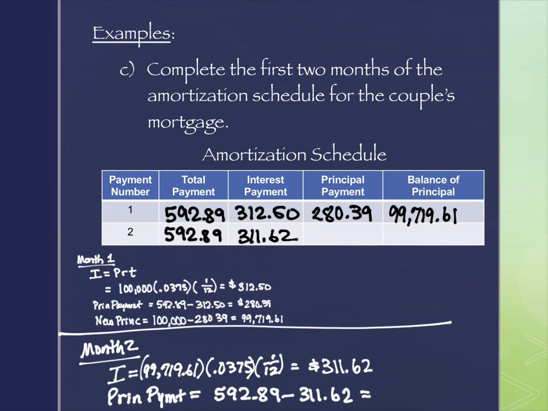And what should happen is I should get a number slightly more than I got last time. Why? Because the interest is slightly less, and I'm subtracting that amount, right? So this number should be slightly higher than the 280.39. What is this one? Okay, did I write down what you said, Mackenzie? Good deal. 281.27. So this is 281.27.